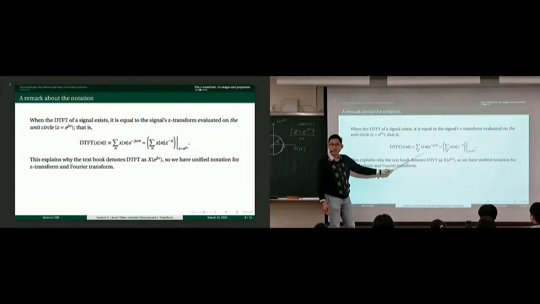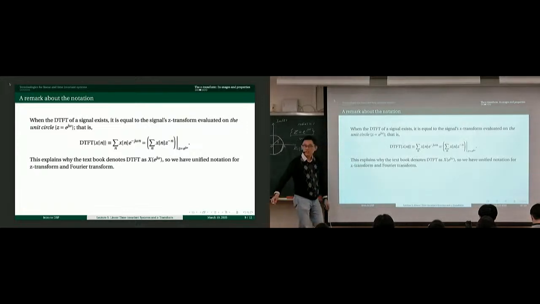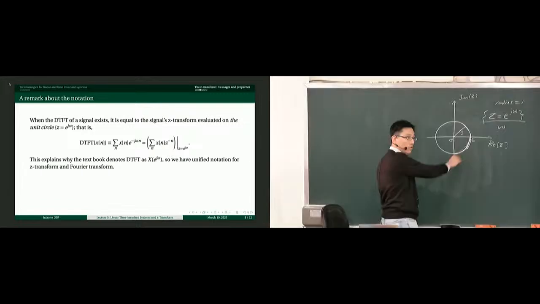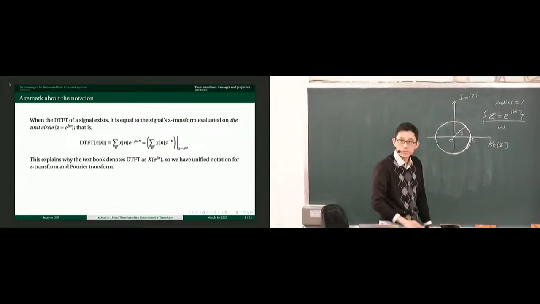This is our good old friend, DTFT, right? Exactly the same, simply by replacing Z with e to the j omega. So it's a substitution. We are evaluating the Z transform, only if it converges on the unit circle. Otherwise, the entire thing does not make sense.